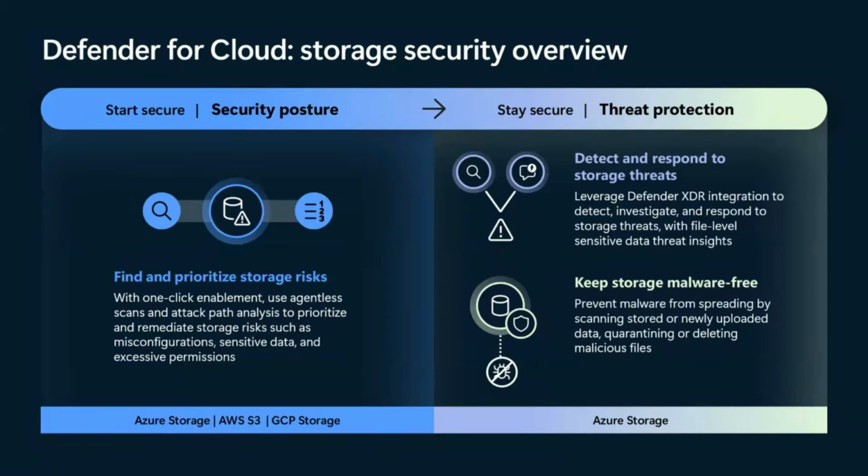And we also track malware by scanning malware in your storage account. So by combining threat protection and anomalous activity monitoring with malware scanning, we ensure your storages are secure in runtime. There's no malware, there's no live attack.